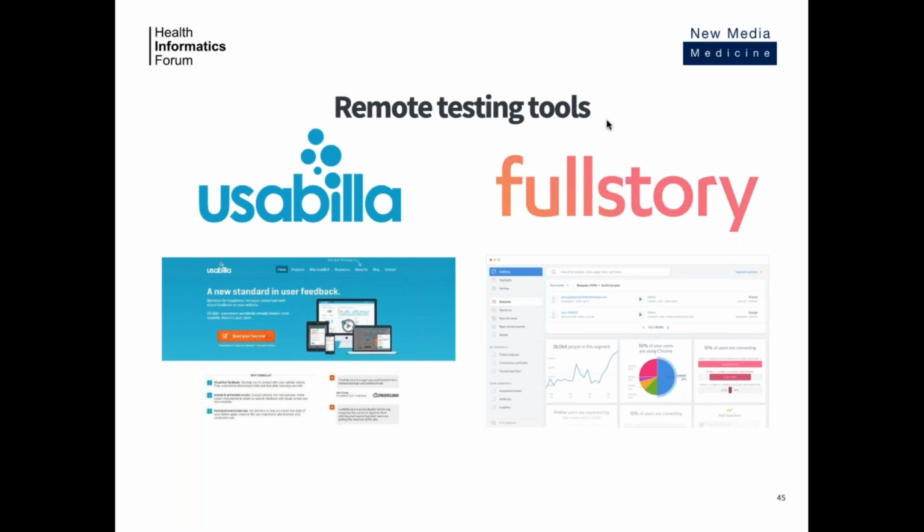So Google Analytics probably just says what pages people are using and how much time they're spending on them, whereas FullStory will show exactly where they're moving their mouse and also what they're typing into the search box and things like that. And Usability is another system like that. I haven't actually used it personally myself, but it is designed around producing statistics for remote usability testing.